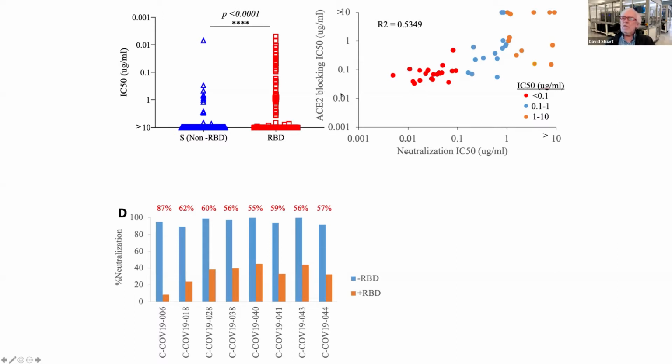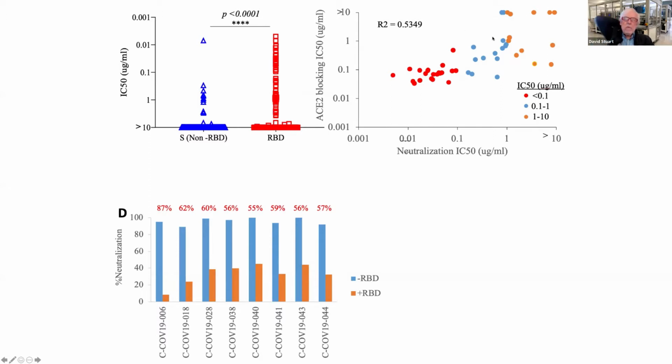antibodies are potent. And you might think, therefore, that those are going to interfere with receptor binding, and that's the mechanism of neutralization. And there's some evidence for that. If you look at the level of neutralization here, very potent at this end, poor neutralization here, and then the ability to block ACE2 binding, you'll see that the potent neutralizers tend to be good ACE2 blockers.